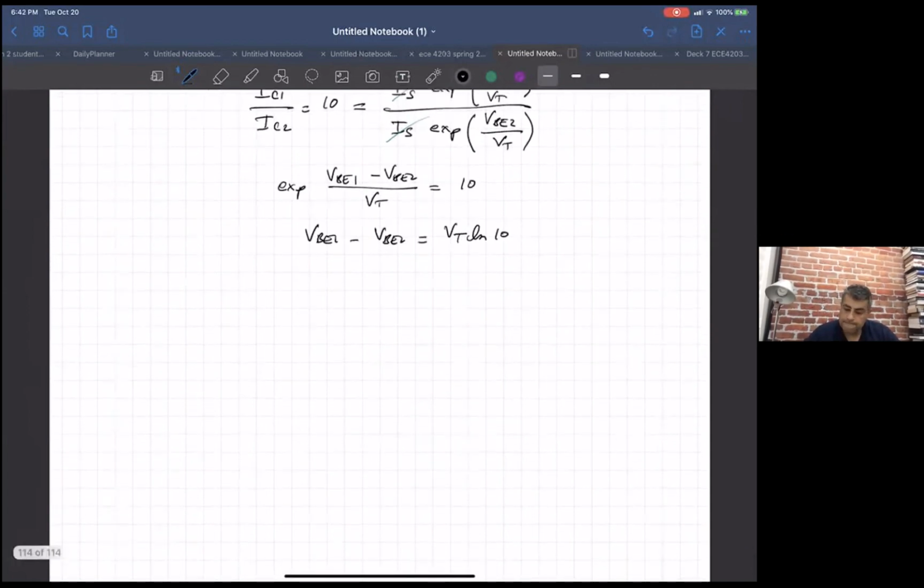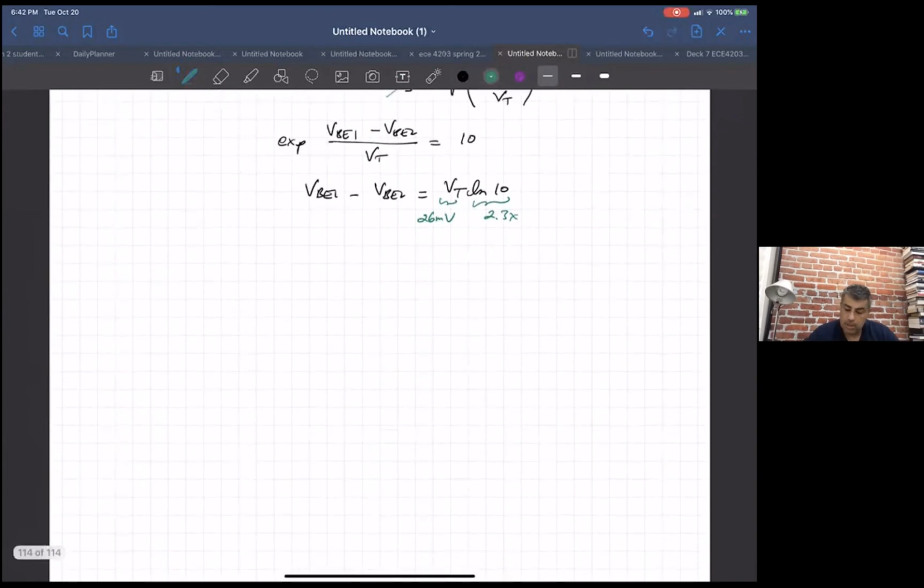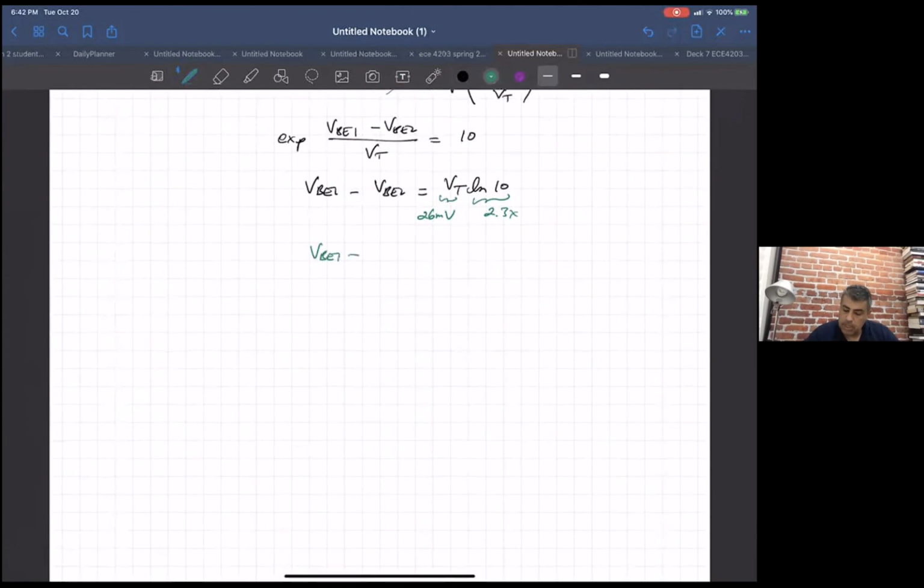Okay, so the natural log of 10 is around 2.3, and VT, we know from the diode equations, was 26 millivolts. So it ends up that VBE1 minus VBE2 is around 60 millivolts at room temperature, 300 degrees Kelvin.